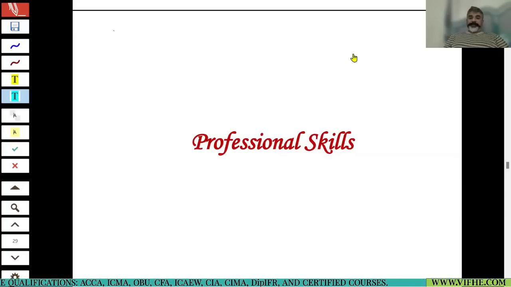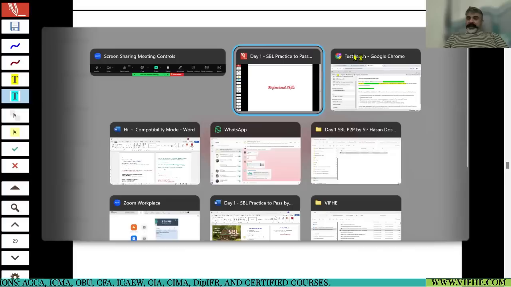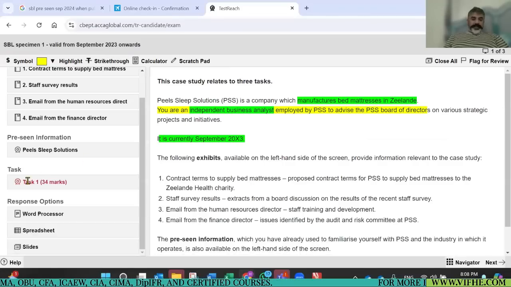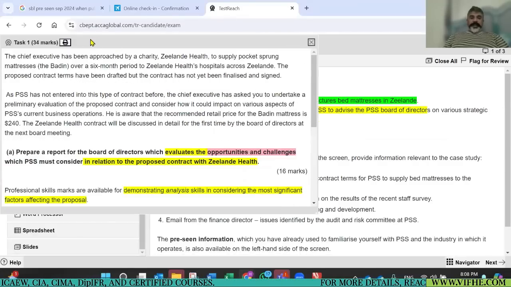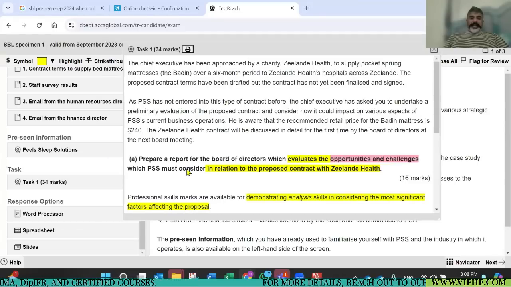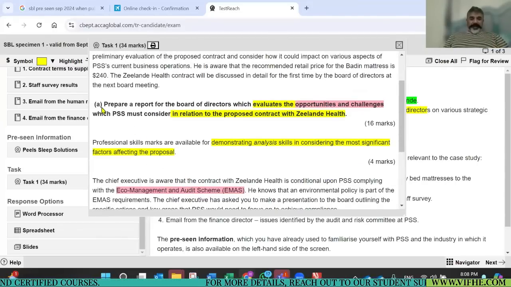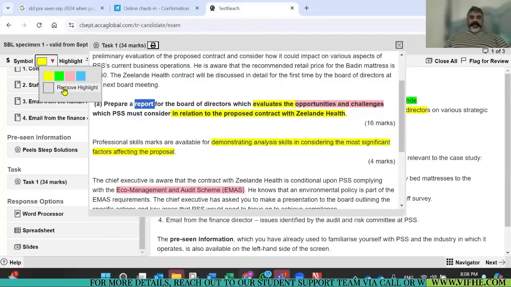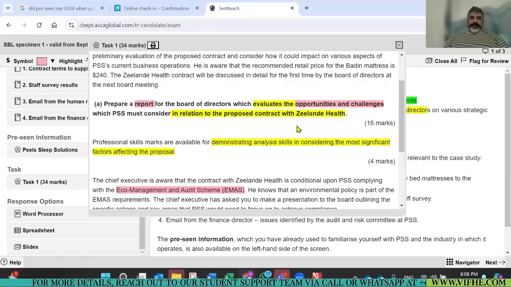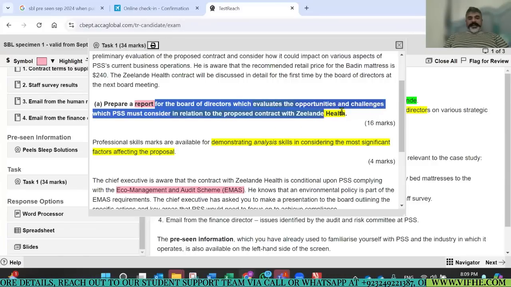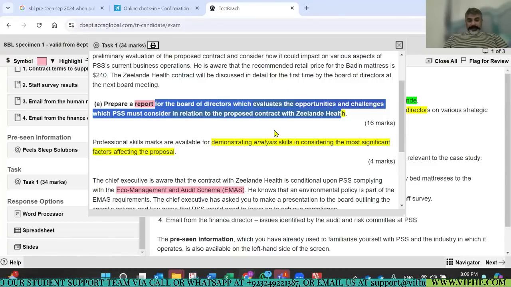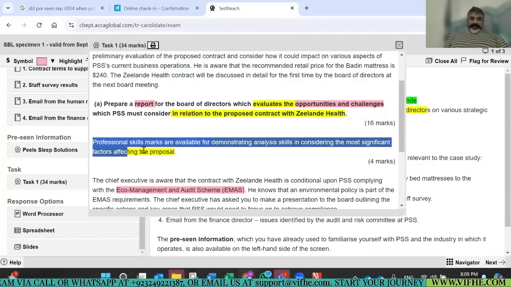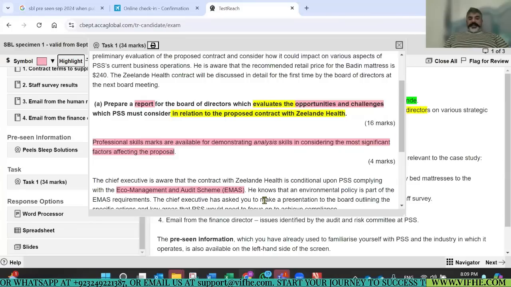It's distracting me. So let's look at the past paper again. Let's look at task number 1. Task 1A says prepare a report, so the format is report, which evaluates da. This is the technical requirement, the actual requirement of what we are supposed to do. But if you see underneath it, there is a separate paragraph for professional skills.